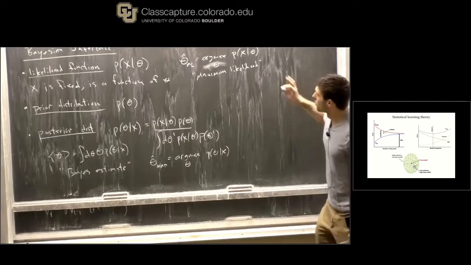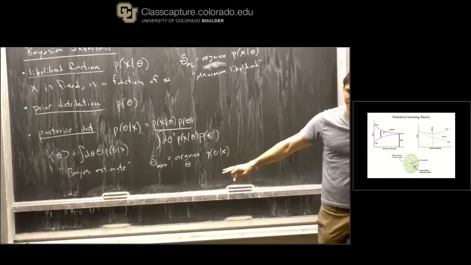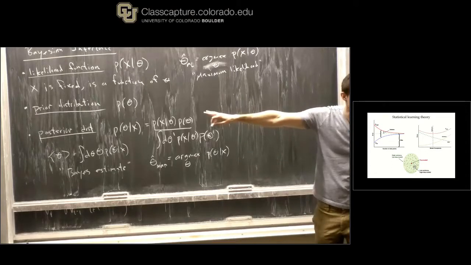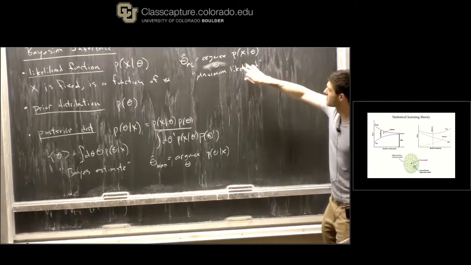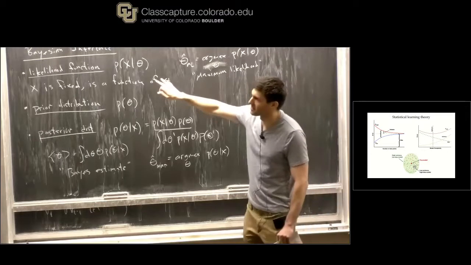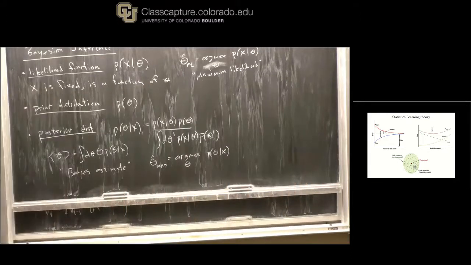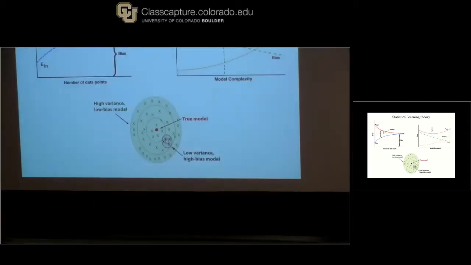So I want to put these two estimates in the context of yesterday's discussion about bias and variance. In some sense, this maximum likelihood estimate, even though we're talking about a fixed model complexity, tends to live in this world of higher variance, lower bias. You're really subject to the fluctuations in the data.